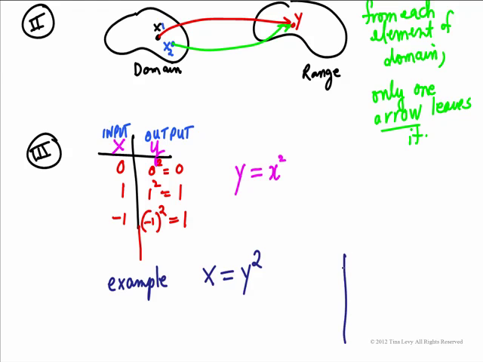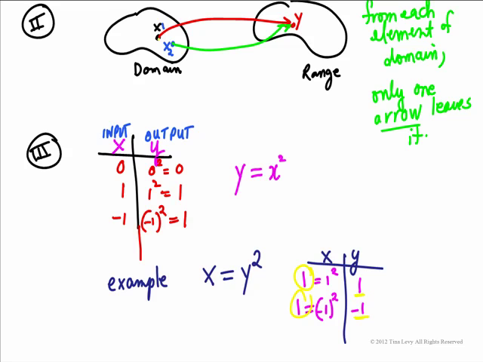If I set up a table here with x and y, if I put in 1 for y, I get x is 1 squared, which is 1. But if I put in -1 for y, I get -1 when you square it is -1 times -1 is +1. This is not a function because the same value for x gave me two different y values.